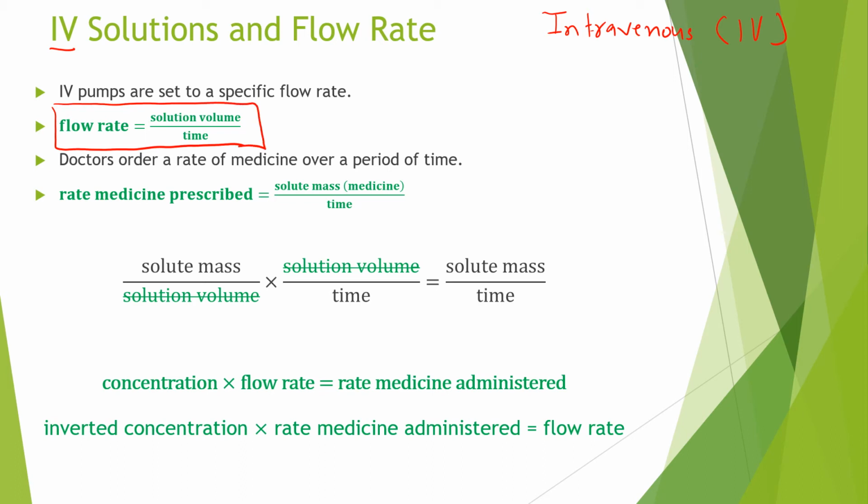In this case, doctors order a rate of medicines over a period of time. A rate refers to a ratio where time is in the denominator, such as miles per hour or milliliters per minute, which is the flow rate. So in this case also, the rate of medicine prescribed is equal to the solution mass per unit time.